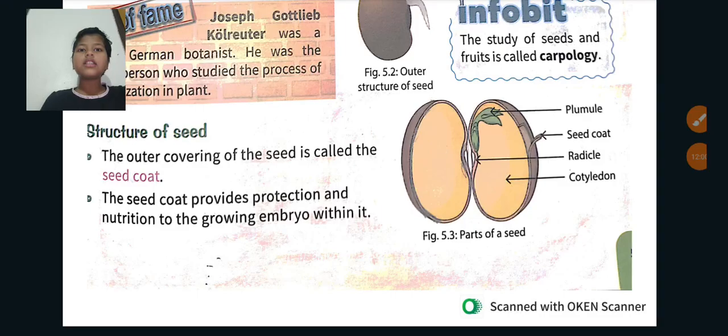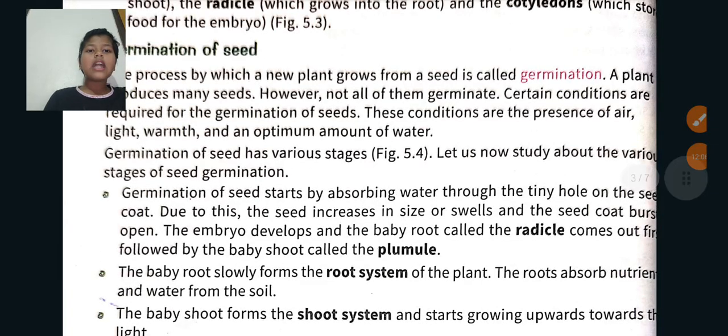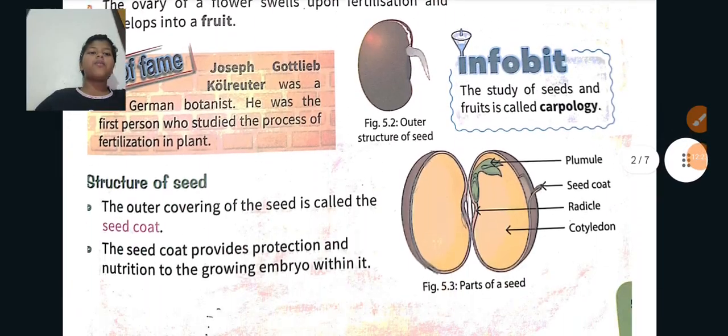It gets the water from the small hole in the seed coat, and then it starts absorbing water, swells up in size, and the seed coat bursts. The embryo develops and the baby root called the radicle comes out first, followed by the baby shoot called the plumule.